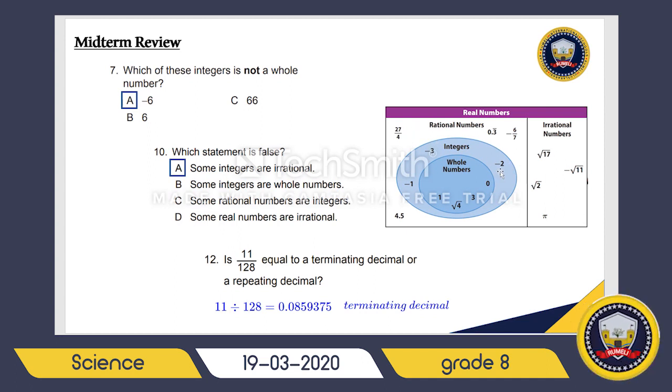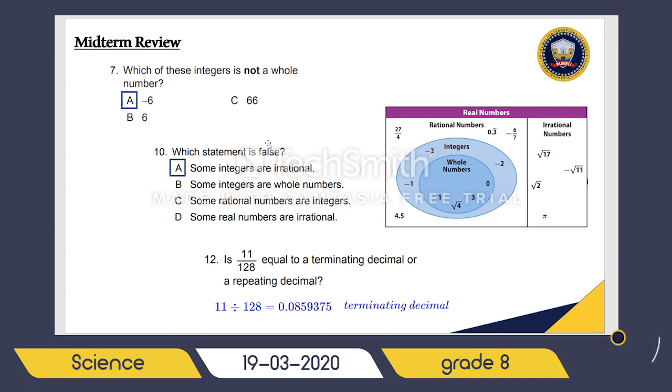D. Some real numbers are irrational. So this big group is all the real numbers. The statement here says some real numbers are irrational. Yes, we have a few numbers here that are real numbers and they are irrational. So this statement is true.